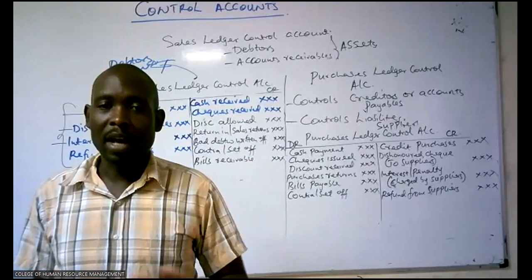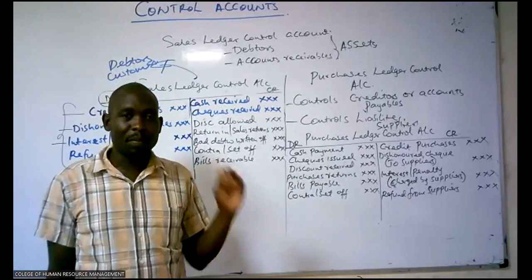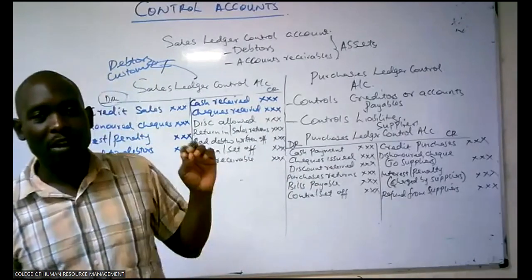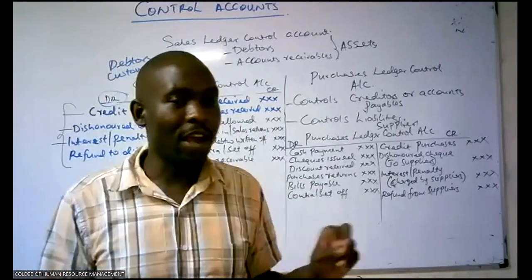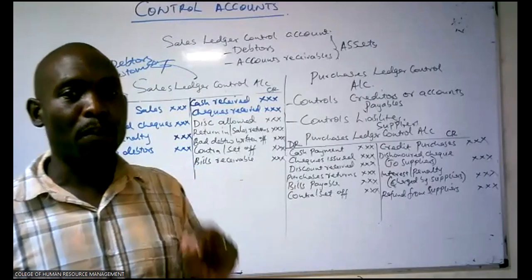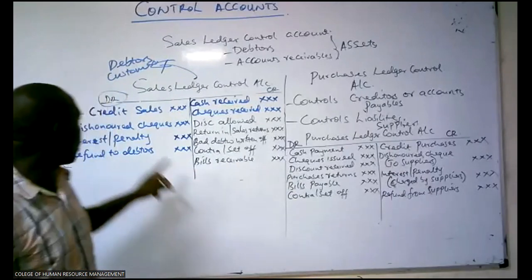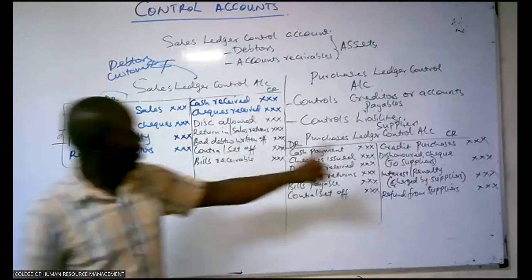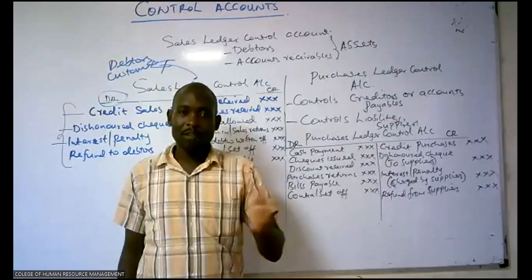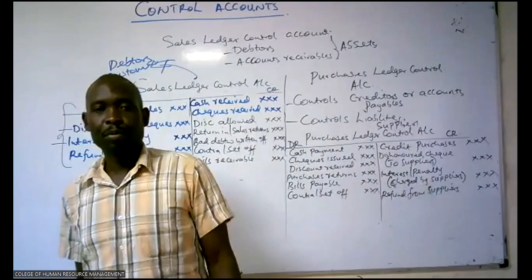The person paid, and therefore that was the end of the story. Get it clear. If you find it in the question, it is only meant to confuse you, but don't allow yourself to be confused. We only pick credit sales, credit purchases. Cash sales and cash purchases, if they are there, ignore them.